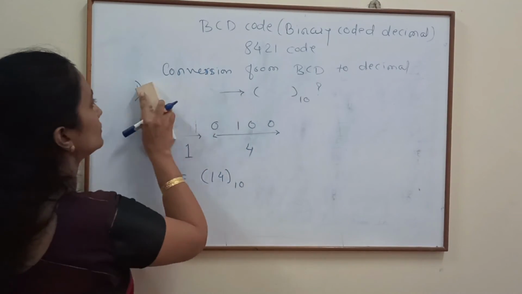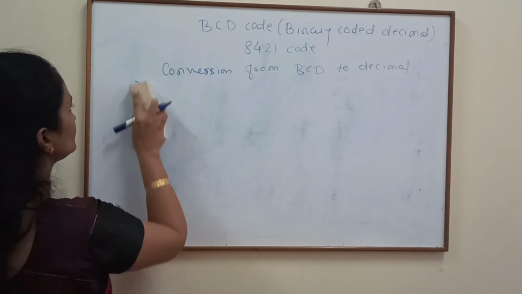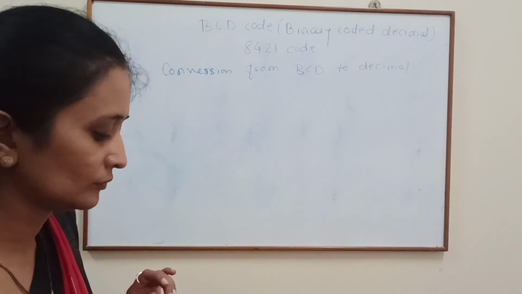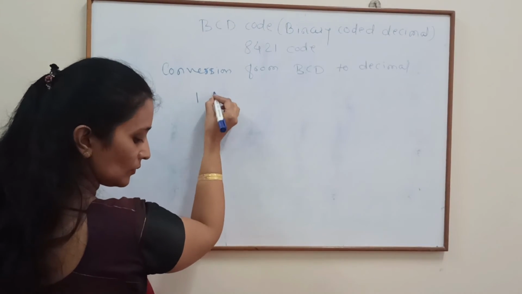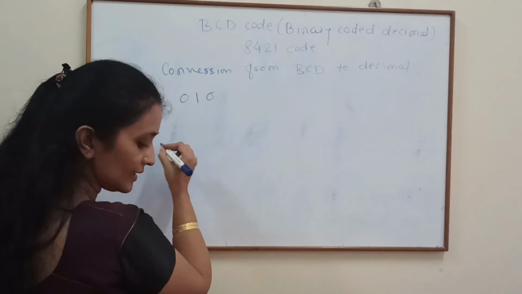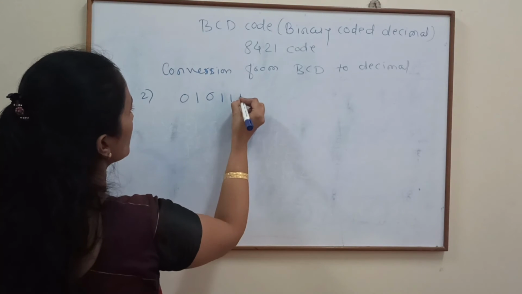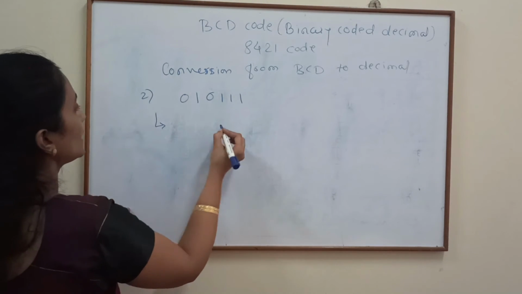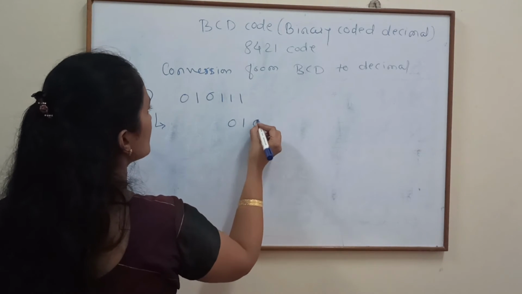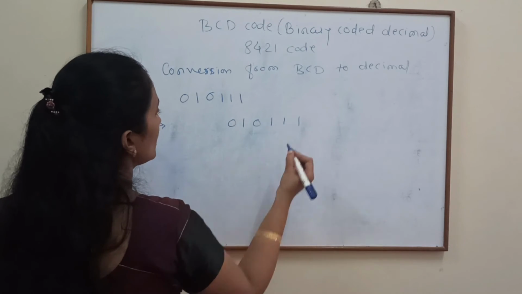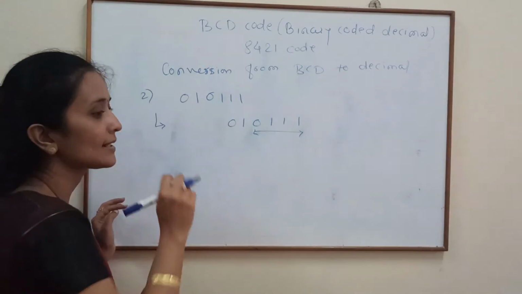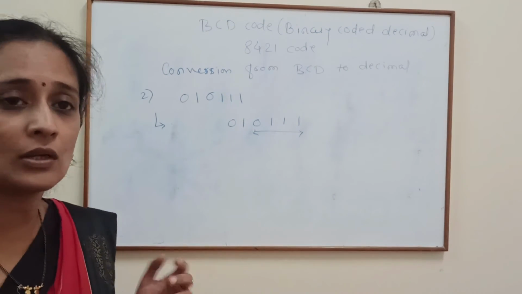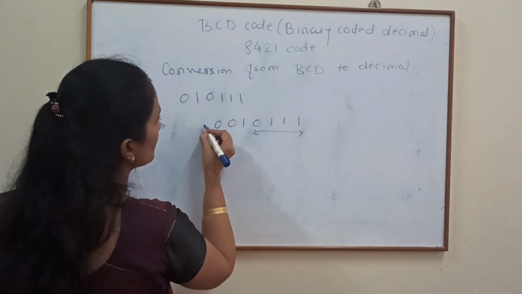One more example. 010111. Take down that number, 010111. From this side, make a group of 4. 2 bits are remaining. How many bits will be required? 2 bits. Therefore, write 2 zeros.